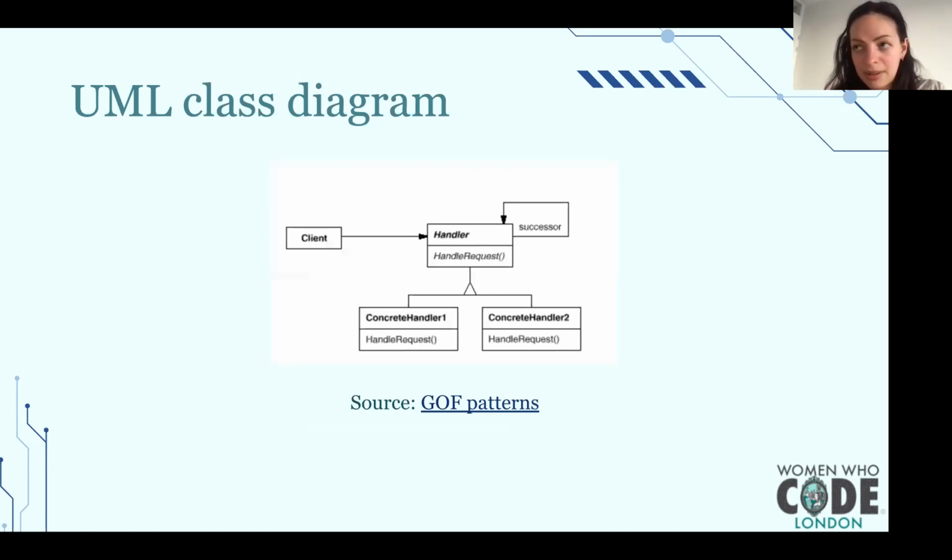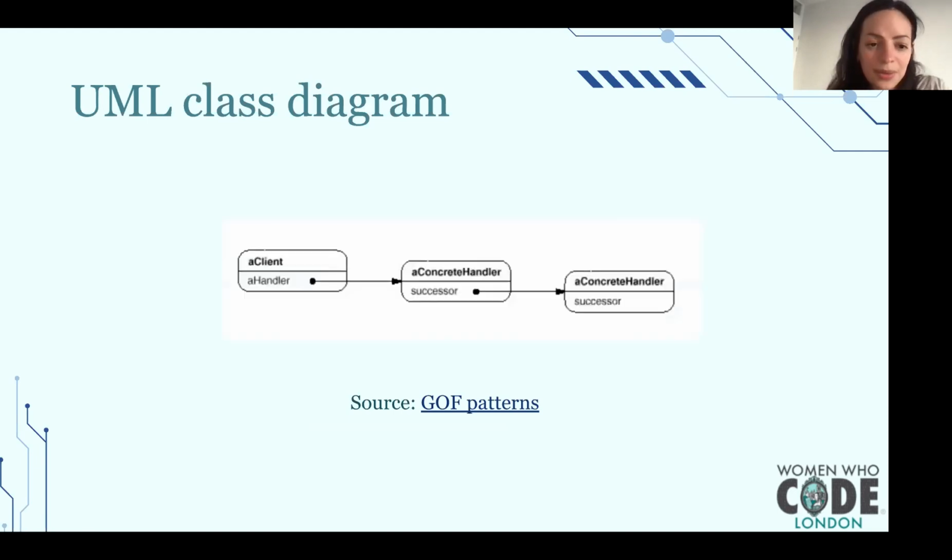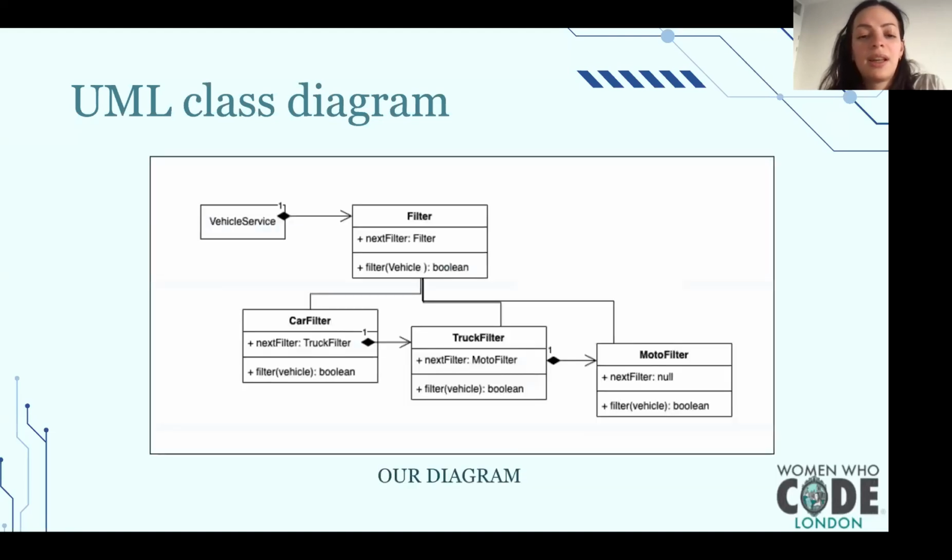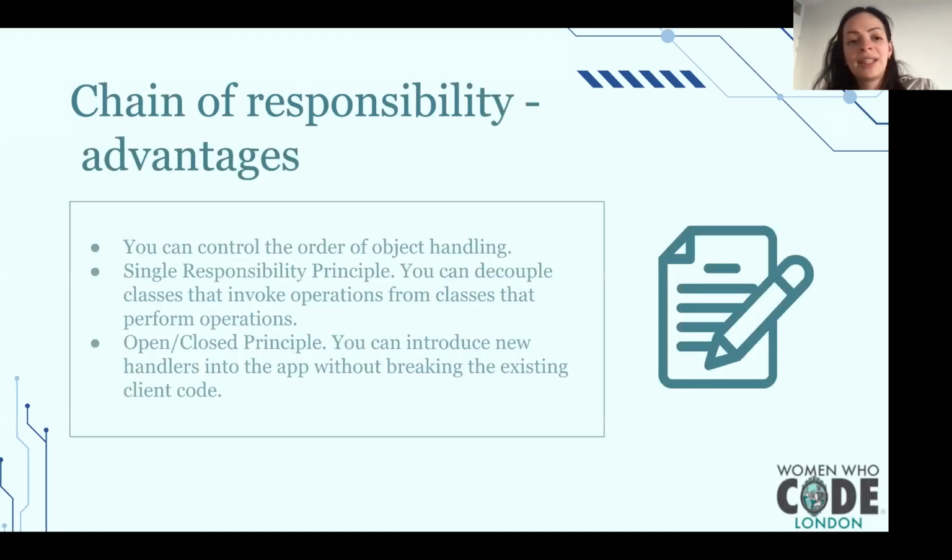And my client is my vehicle service. Also, these handlers have references to each other. And if I create this diagram for the code I showed you, it will look like this. We have the vehicle service, we have the filter, and we have different implementations, which are applied one by one.